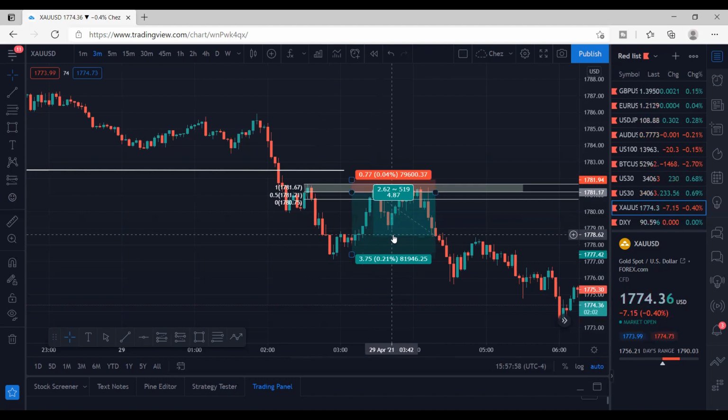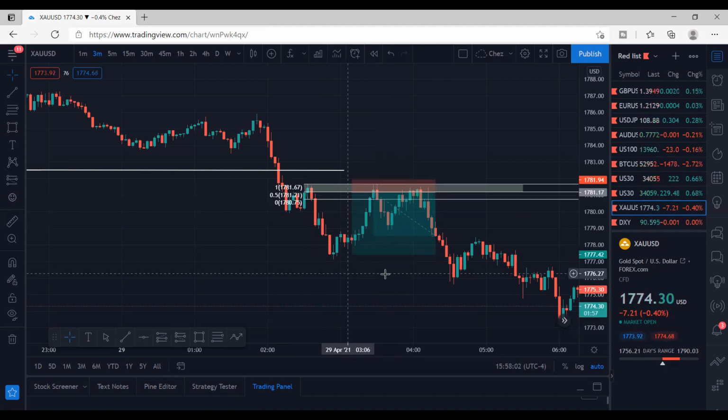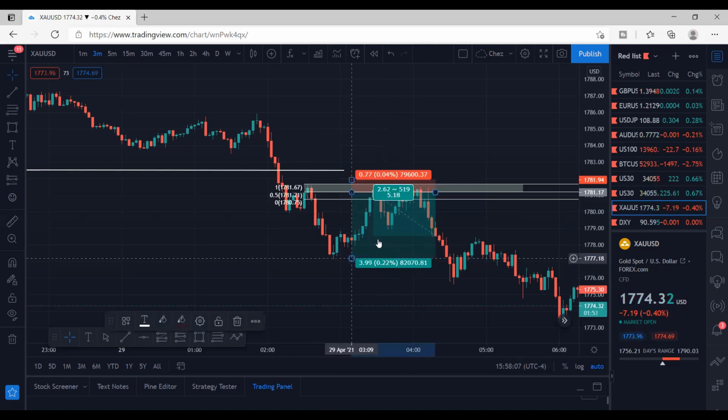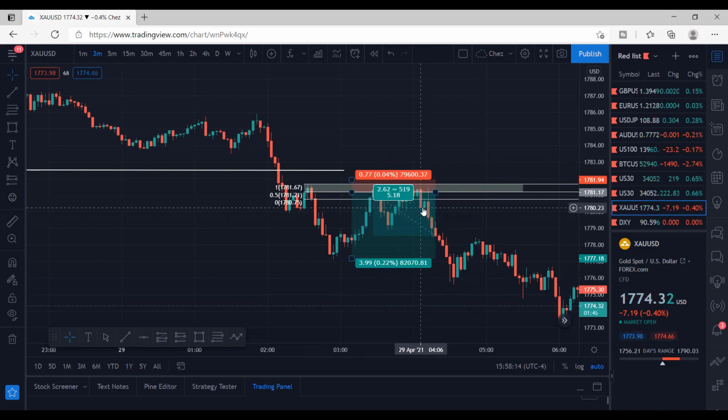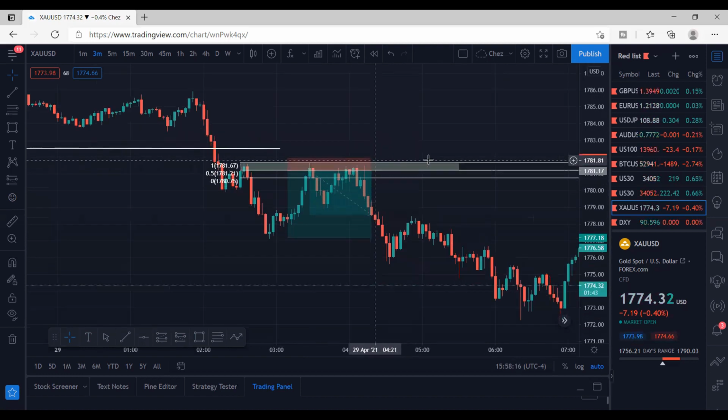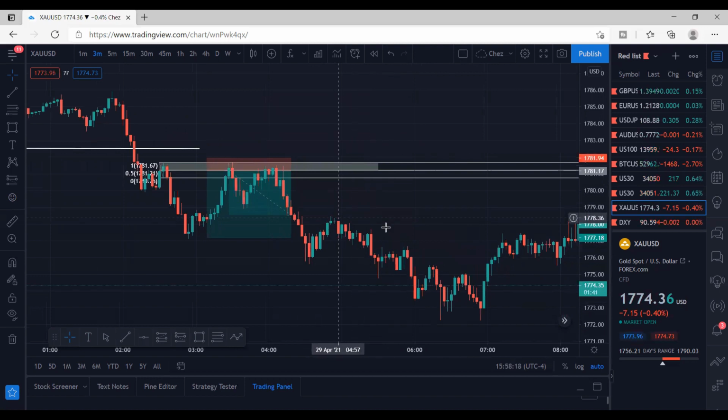So you could either take a nice 4.87, or whatever, off of this trade at this point right here, or you could peel off, I don't know, 50-80% of your position. To me, I prefer to take most off at that point, and then you could let the rest run, trailing your stop losses as price continues to go down.